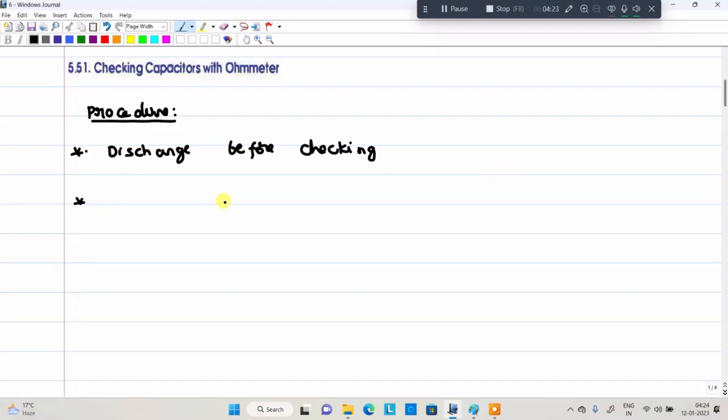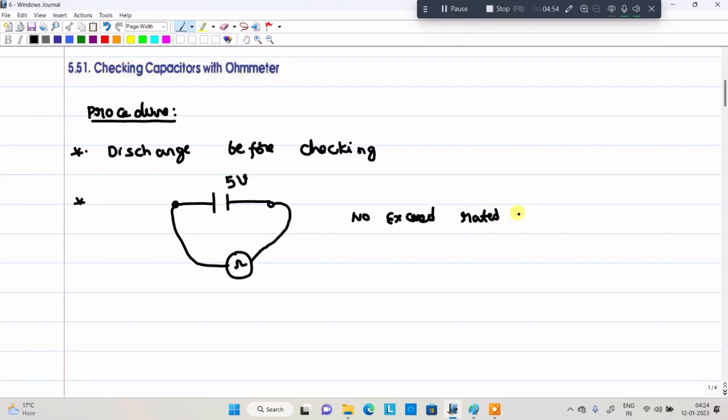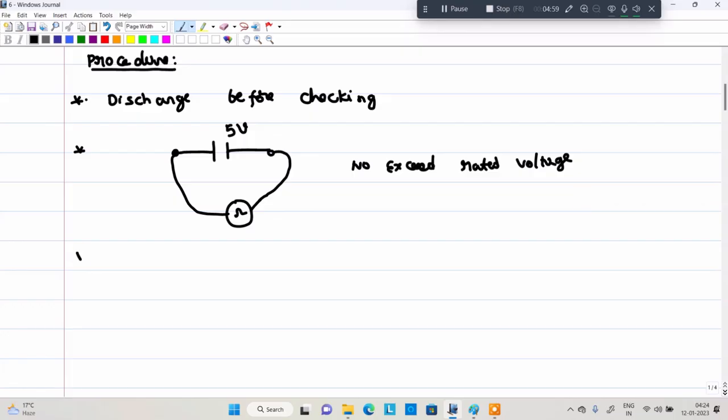For example, if the capacitor is rated 5 volt and it is connected to the ohm meter, the battery we are using to operate the ohm meter should not exceed the 5 volt rated voltage. That is the second thing you need to remember.